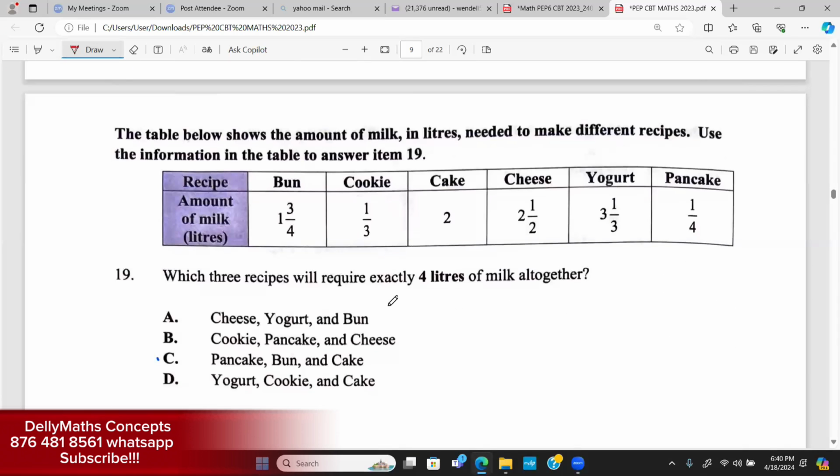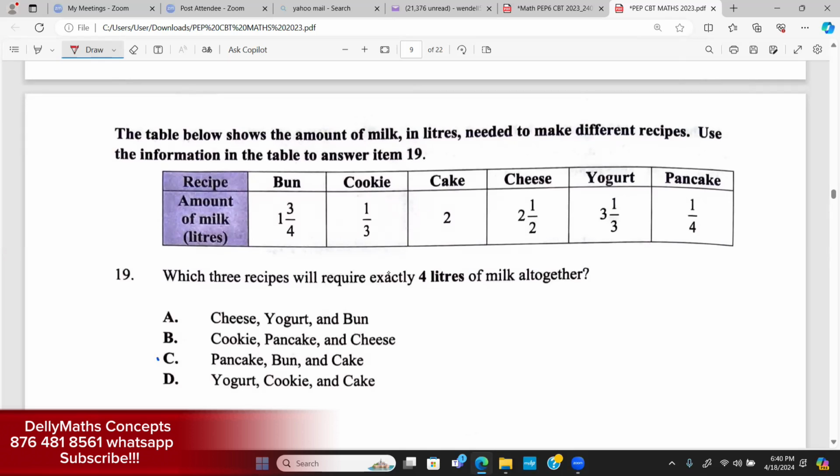All right, let us go to question 19. It says the table below shows the amount of milk in liters needed to make different recipes. So we want to use this information in the table to answer item 19.